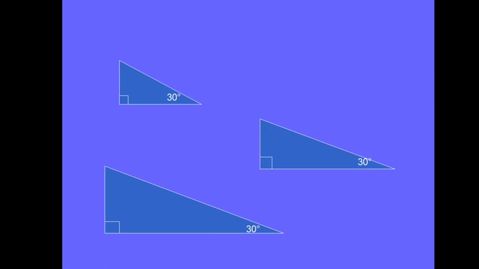On the basis of this, I can say that all three triangles on our screen are similar. The lengths of the sides of these three triangles are in different proportion, but as far as their angular measures are concerned, they have the same angular measures.